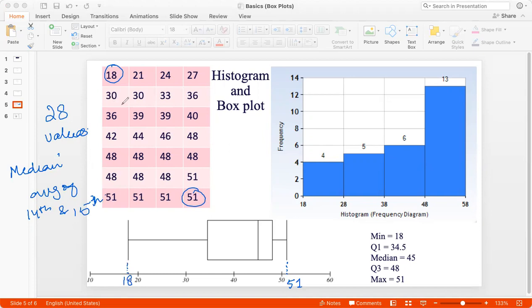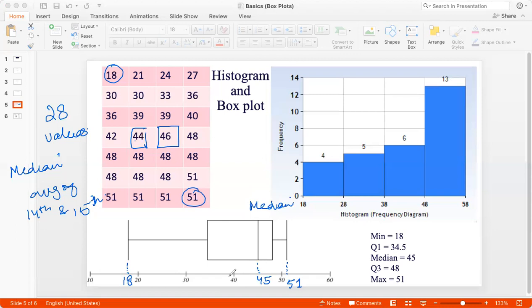So 4, 8, 12, 13, 14, and 15. So what is the average of 44 and 46? That's 45. So this has to be 45. This is the median of the box plot. So the line inside the box is the median.